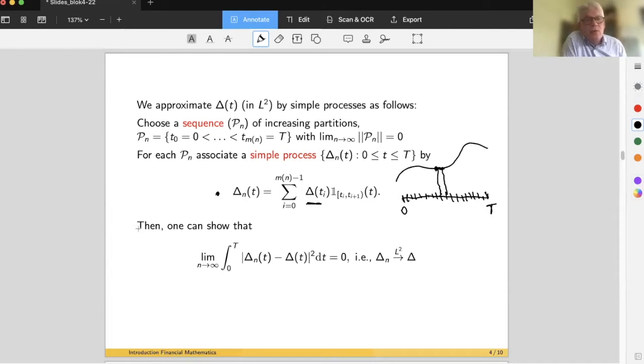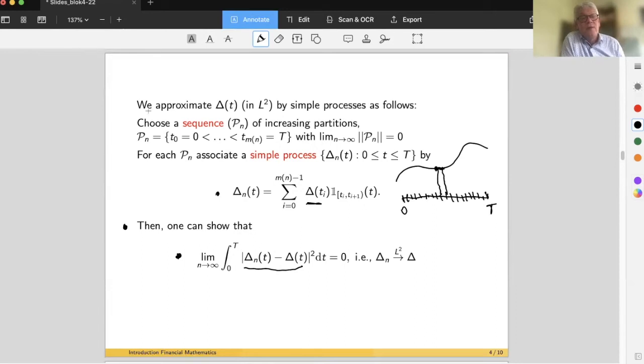And then one can show that, so we will do some hand waving here because we can show it with the help of measure theory, etc. But here we will basically outline the approach. One can show that in the limit n to infinity, the integral from 0 to T of the distance squared, in absolute value, between delta_n(t) and delta(t), the distance between the function and the simple process, goes to 0.